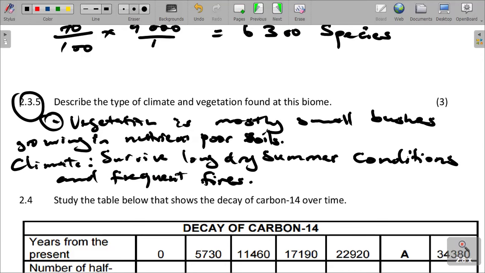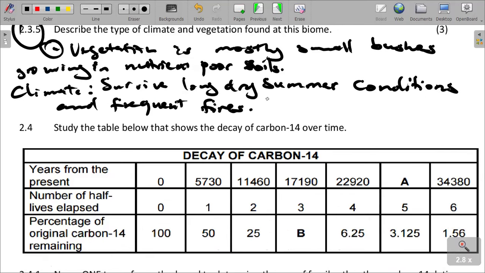It is given in the essay that these are the conditions. We are not thinking of anything. We are just copying what is in the comprehension, because these are points given in the comprehension.